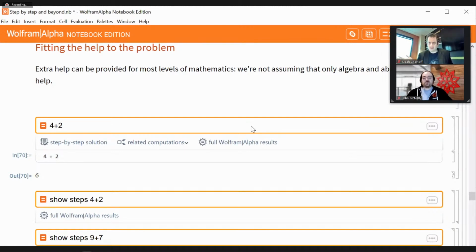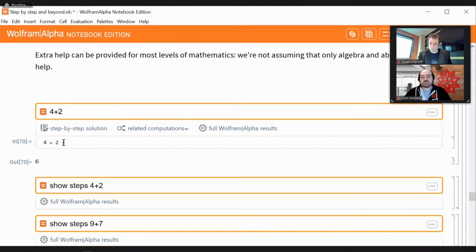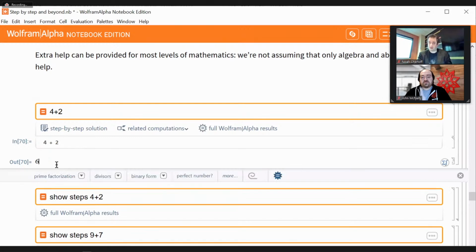But that doesn't mean that's the only place someone could need extra help. People could use help at all levels of mathematics, so we are doing our best to build it in at all levels. Like here we go, 4 plus 2. Of course, it'll just give you the answer by default, 6, but notice there's step-by-step explanations for that.